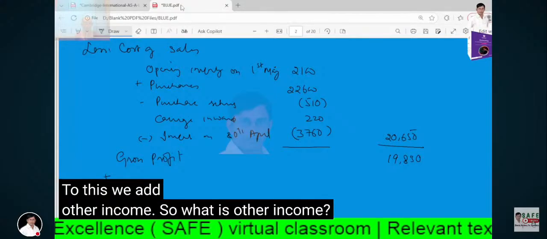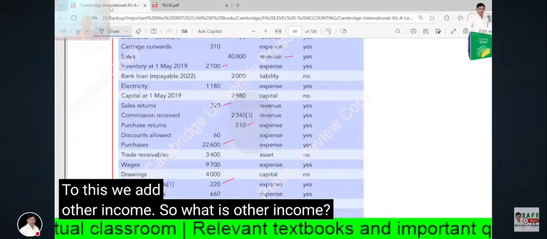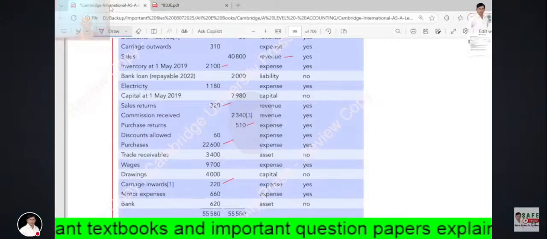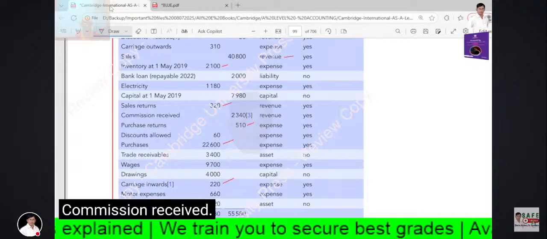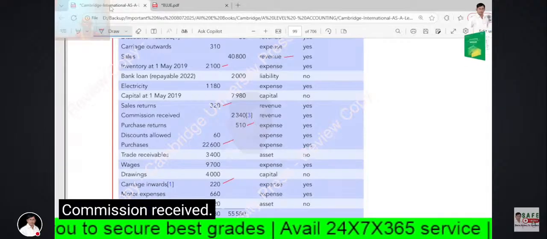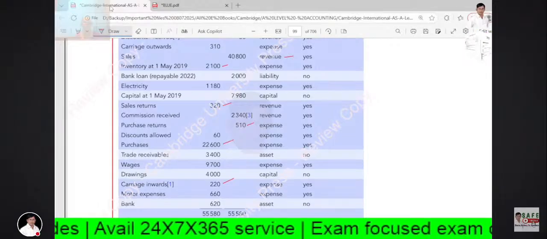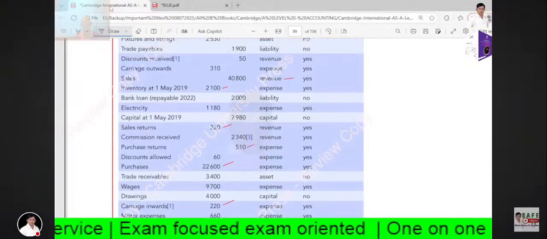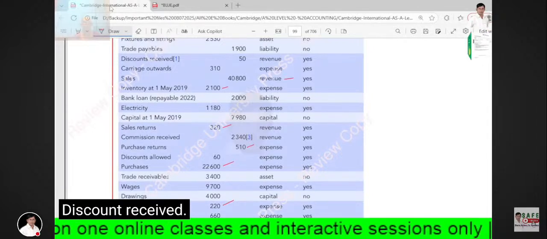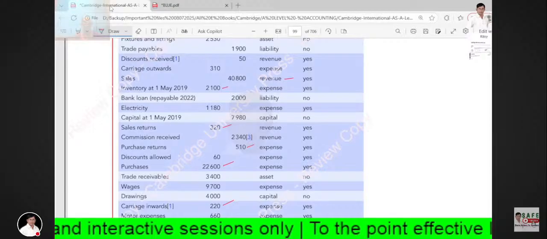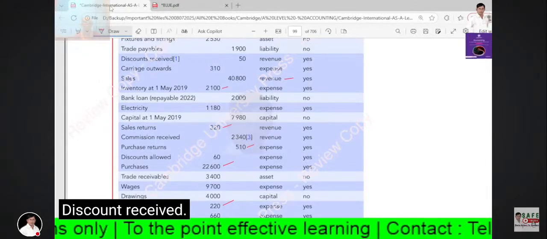So what is other income? Commission received. Discount received.